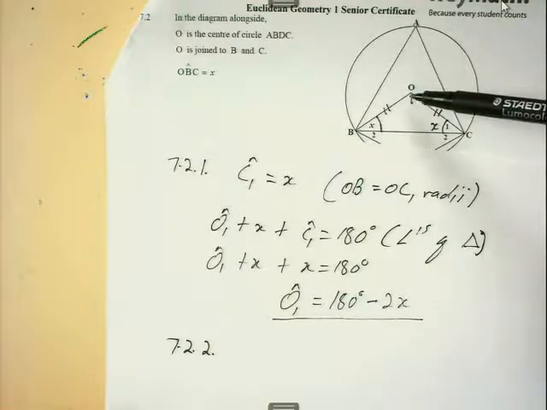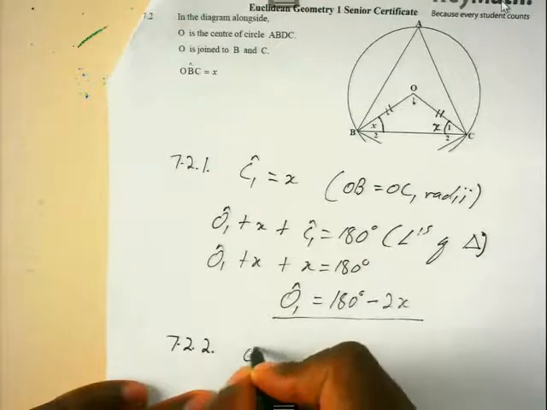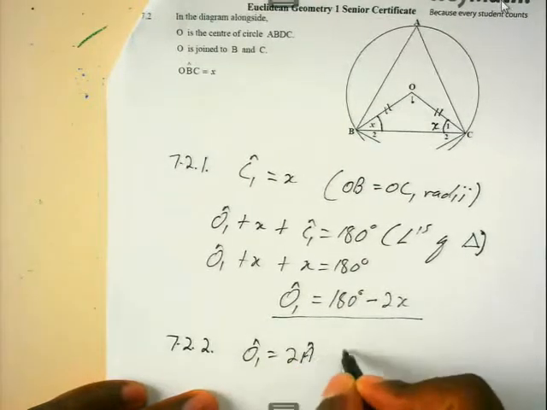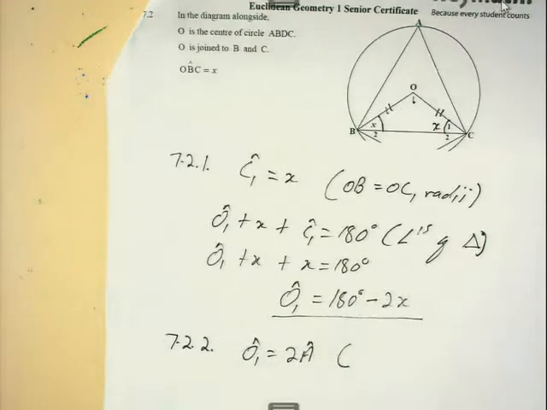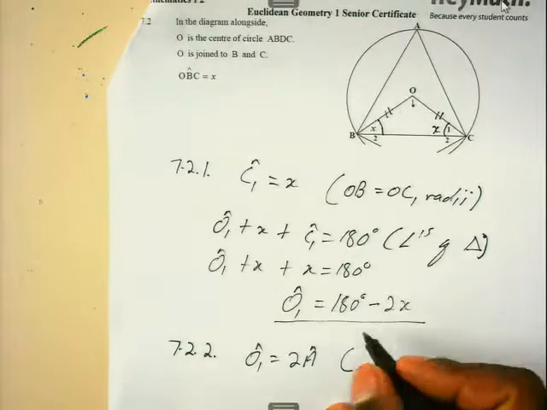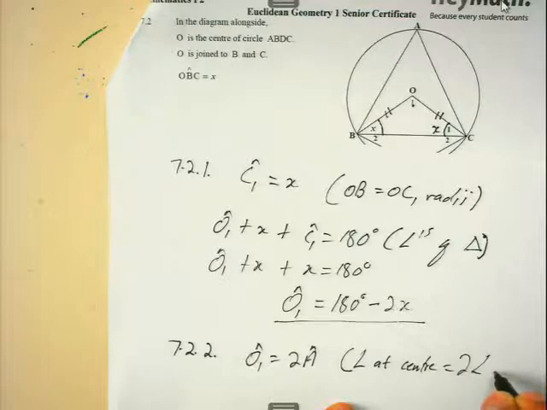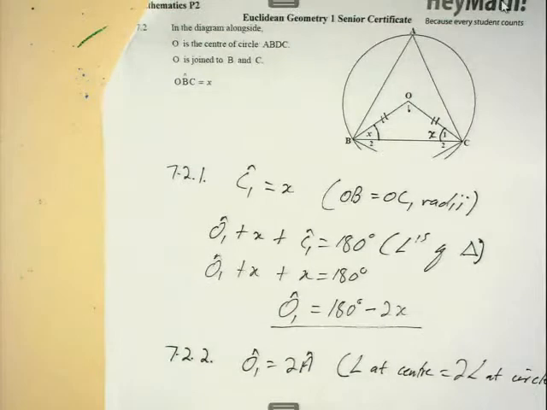So we say O1 is equal to twice angle A. There is a theorem that states the angle which an arc of a circle subtends at the center is twice the angle it subtends on the circumference of the circle. So you write down the reason: angle at center is equal to twice angle at the circumference of the circle.